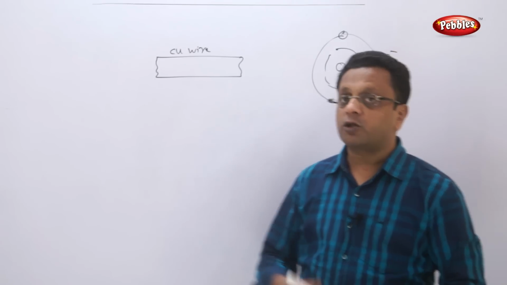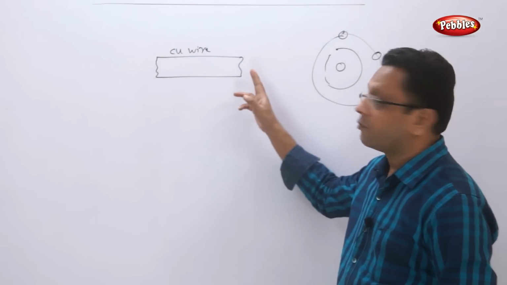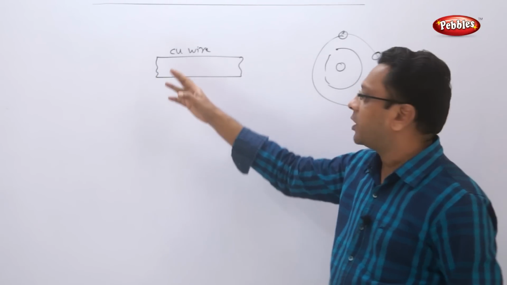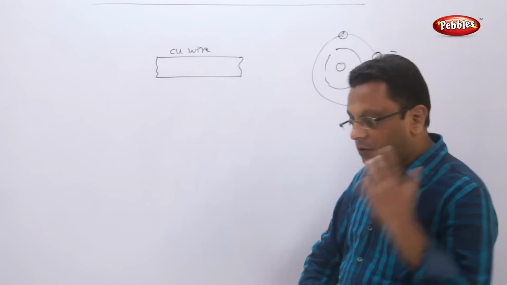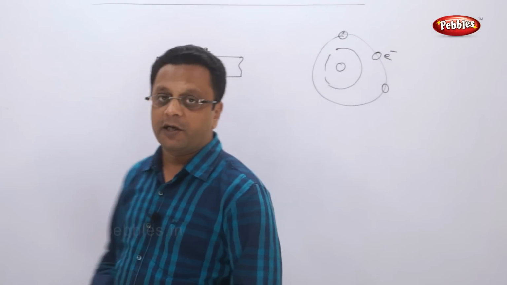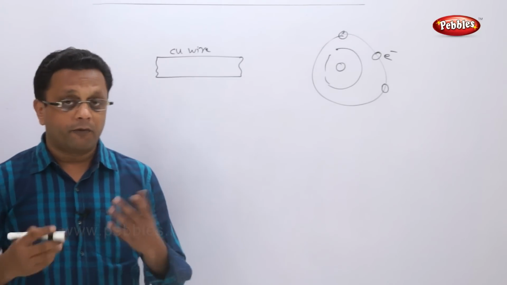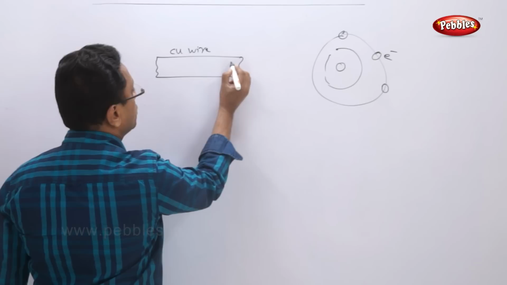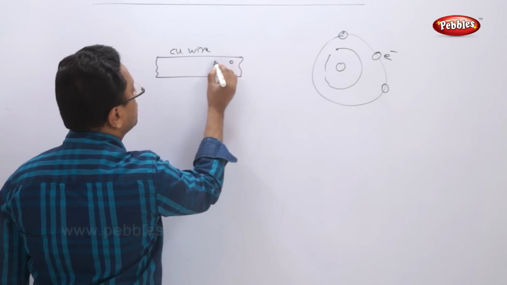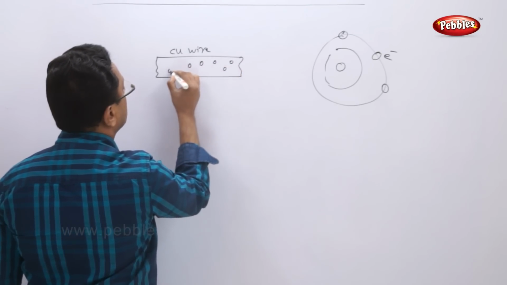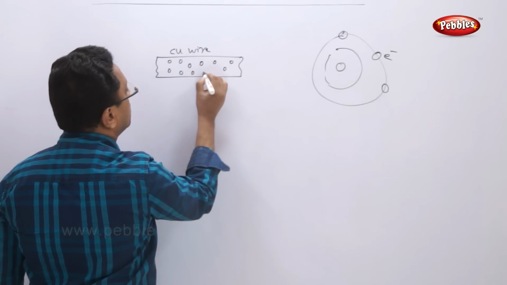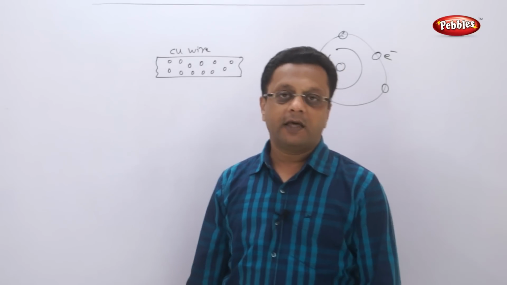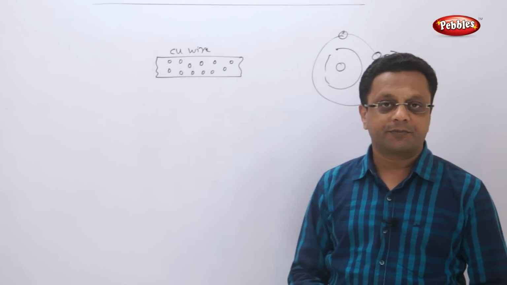So these electrons can move from one end to another end of the metal wire, whatever the cross section is. These electrons can easily move freely inside the metal conductor.